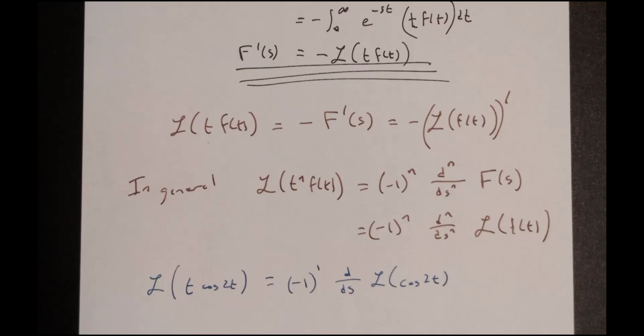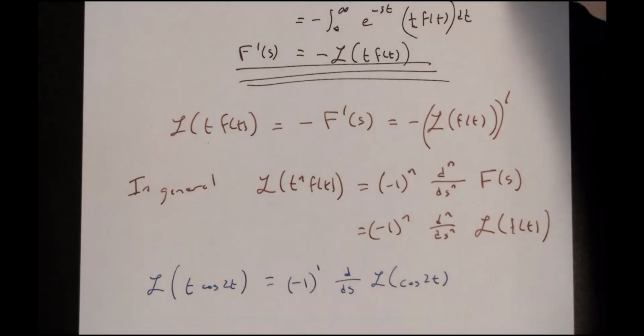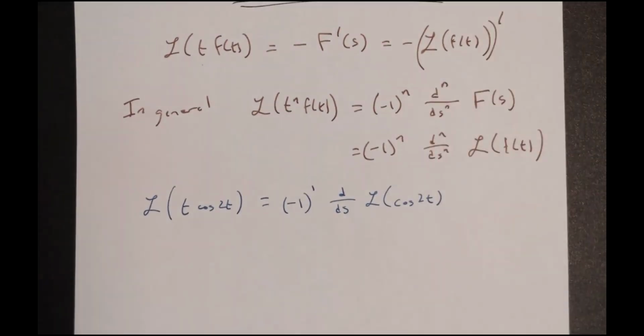But cosine of 2t is on my formula sheet. What is the Laplace transform of cosine of 2t?